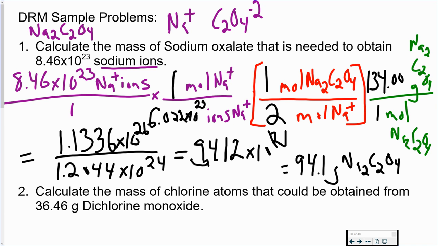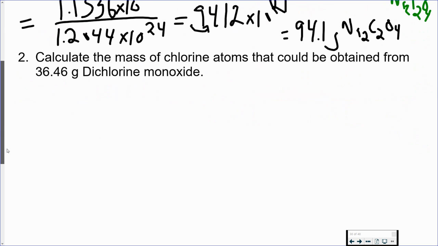All right, I'd like you to try the next problem, and then you can let me know, or I'm going to count down and show you the work and final answer. All right. 5, 4, 3, 2, and 1. Number 2 says the mass of chlorine atoms that could be obtained by this many grams of dichlorine monoxide.